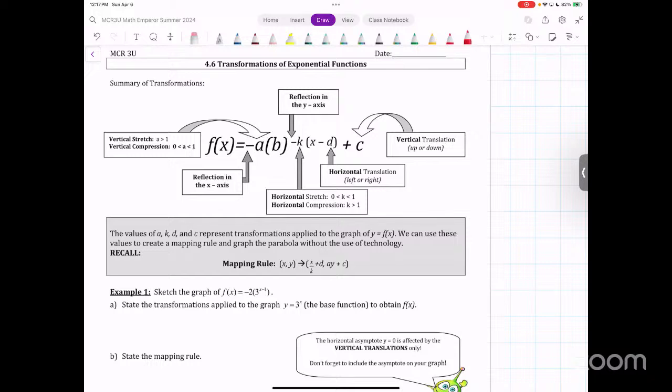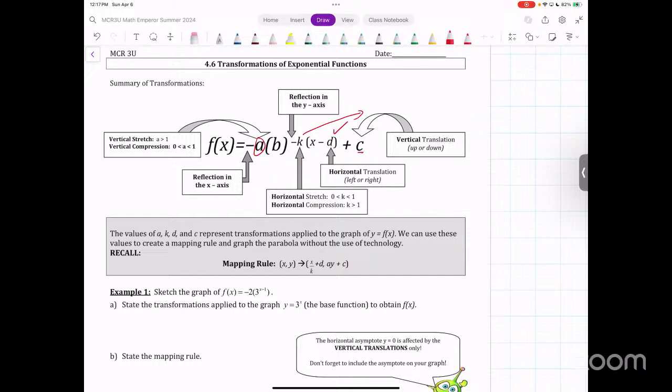What is A responsible for? Vertical stretch or compression, reflection. What is K responsible for? Horizontal stretch or compression, reflection on the y-axis. What is D responsible for? Moving side to side, isn't it? What is C responsible for? Moving up or down. Did you learn that in grade 10 quadratic relationships?